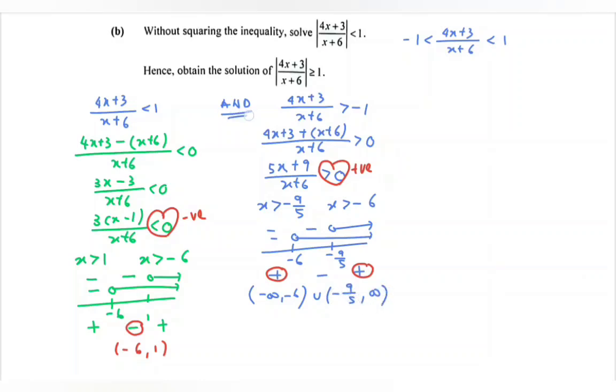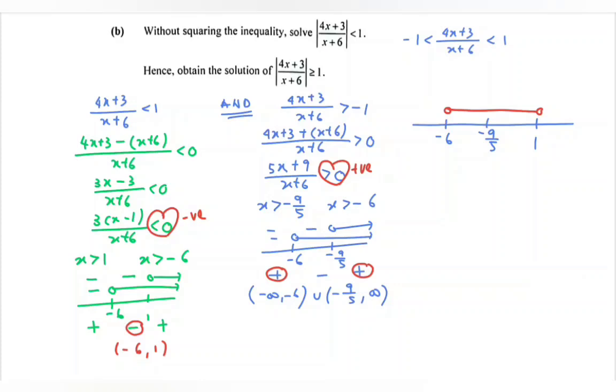Next is to combine them and then make use of the operation 'and'. So real number line, illustrate the number negative 6, followed by negative 9 over 5 and also 1. Focus on the left hand side, we have negative 6 until 1.